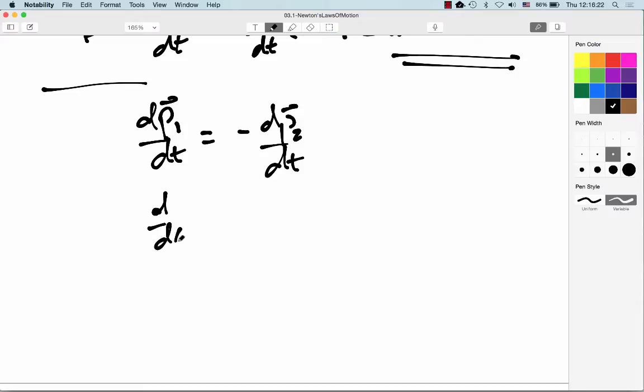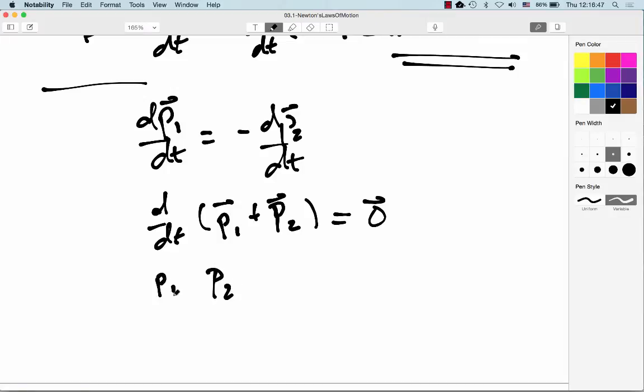In that case, I'll get d/dt of (p1 plus p2) equals the null vector. So that means the time rate of change of the sum of the momenta, one momentum, two momenta, is 0. That forces the sum of the momenta, p1 plus p2, to be some constant vector.